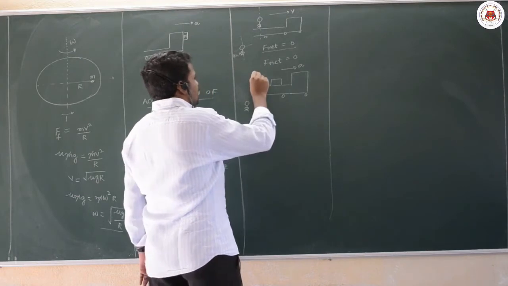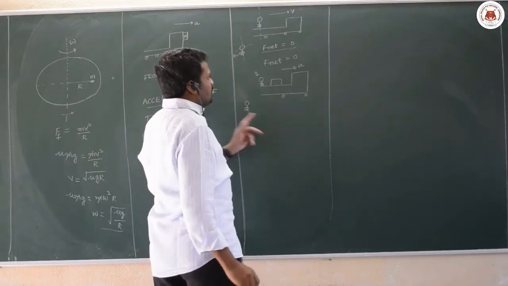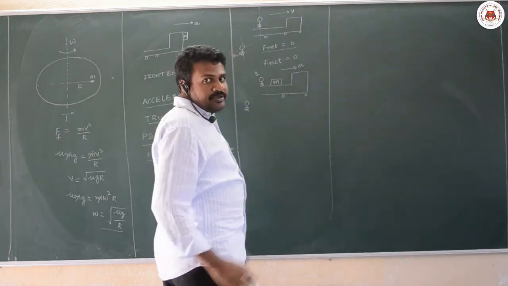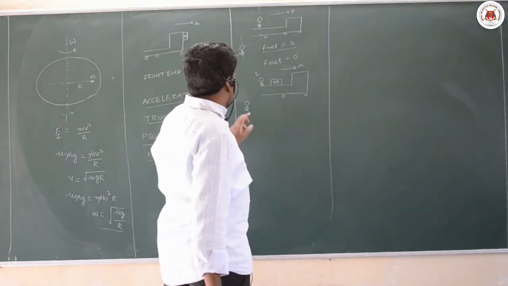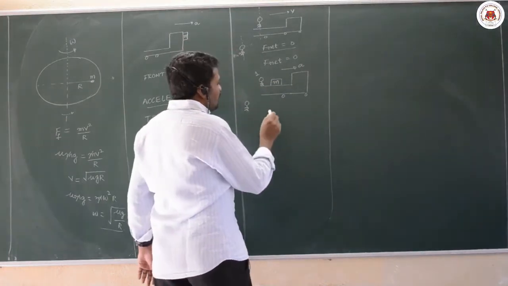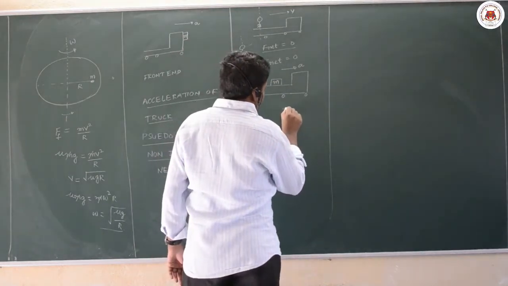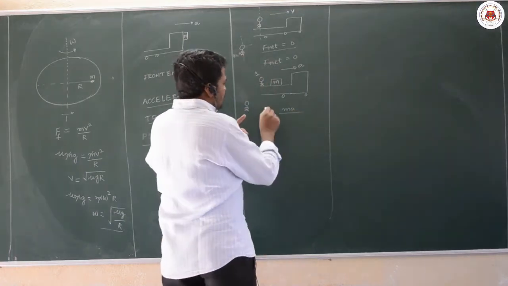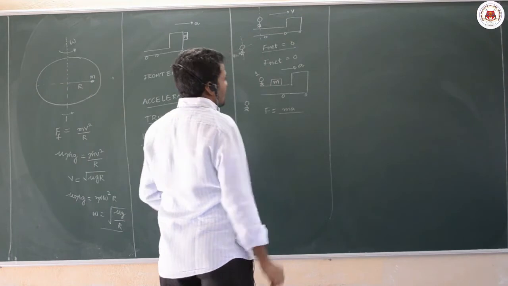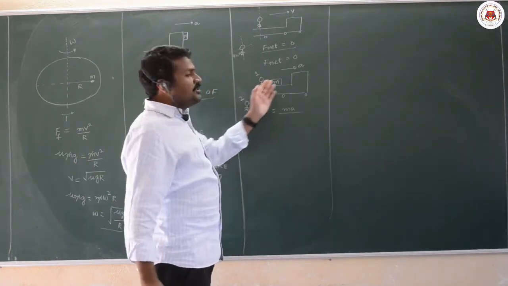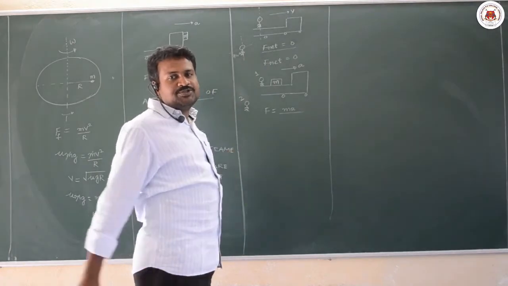For person 1, the block of mass m appears to be at rest. For person 2, the block appears to be moving with an acceleration a, so the force on that block will be equal to m a.